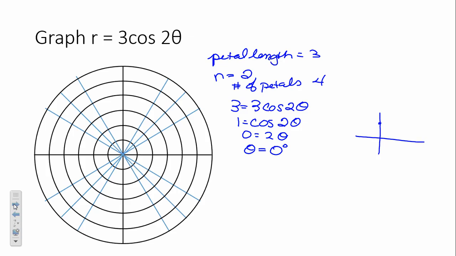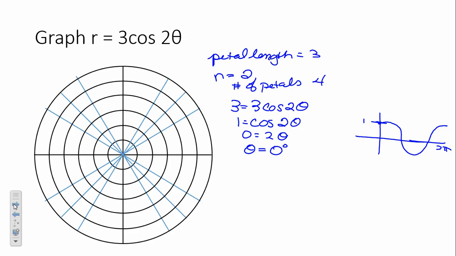Cosine starts high, right? That's between 0 and 2 pi. So where is cosine equal to 1? Always at 0, right? Okay, so if 0 is equal to 2 theta, we divide by 2 to figure out what theta is, and you're always going to get 0. Always 0 for cosine.